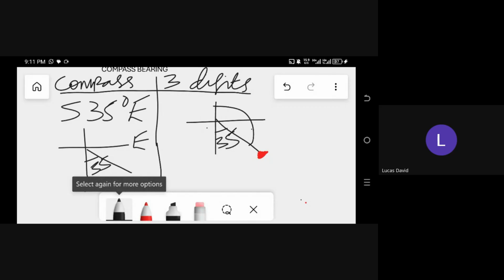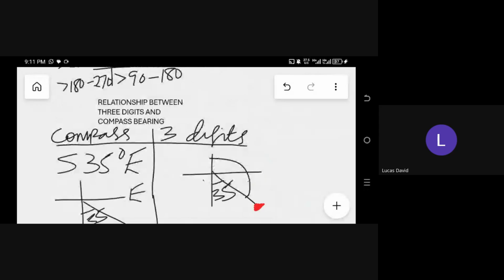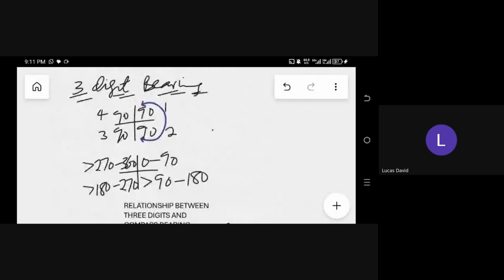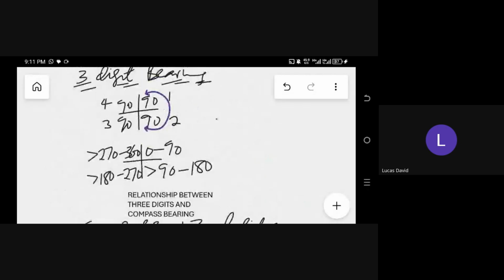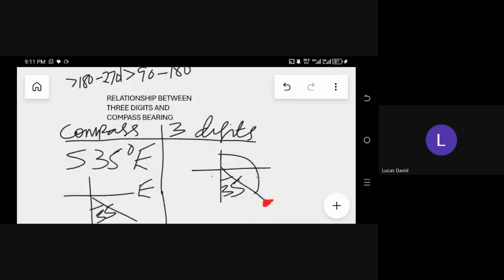Now remember that from the north to the south, it's supposed to give us 180, because in the first quadrant we have 90, and in the second quadrant we have 90.